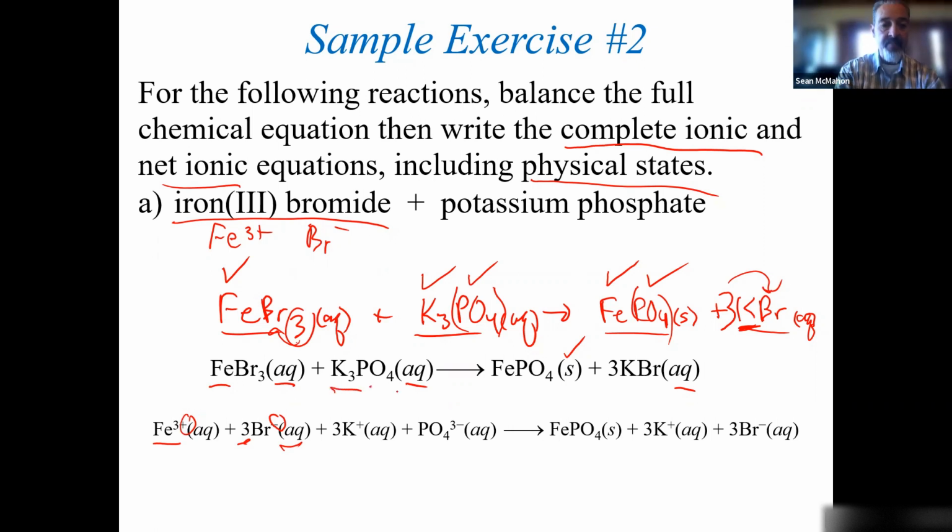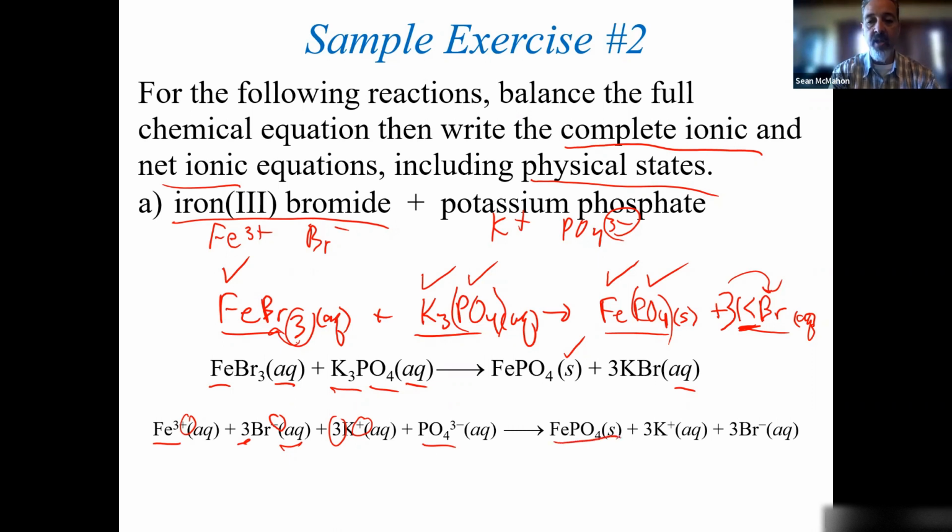Then I have my potassium phosphate. Potassium's a +1. We did that earlier. And I need 3 of them because phosphate's -3, because we crisscross. But now it's 3 separate. The potassium ions aren't bound to each other. They're separate ions, each of them surrounded by water. And there's 3 of them, okay? And then the 1 phosphate.